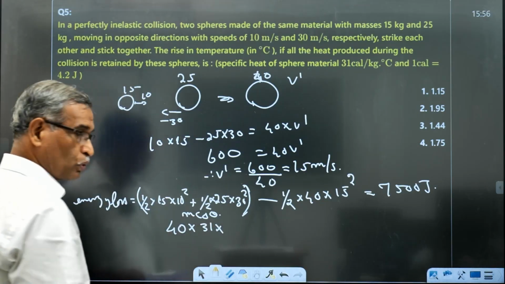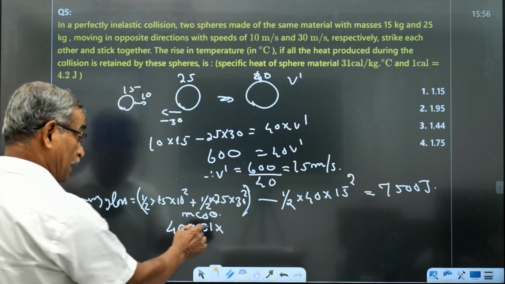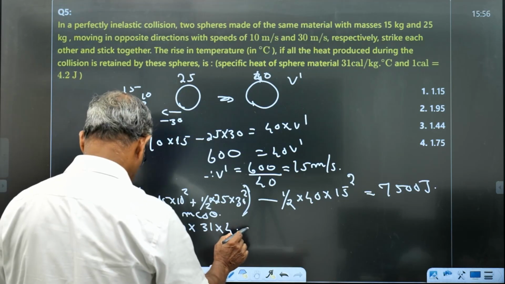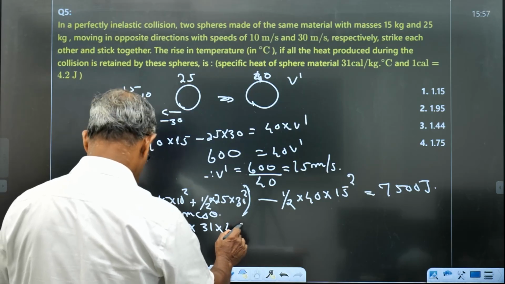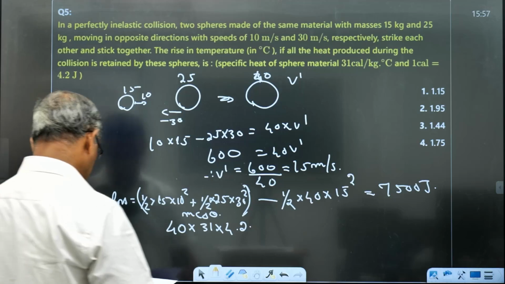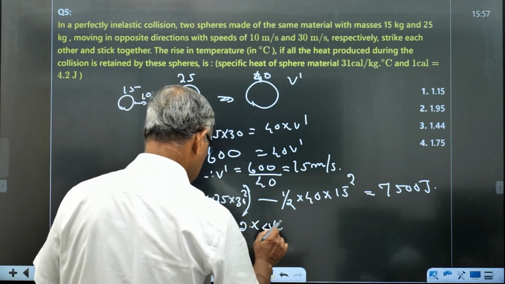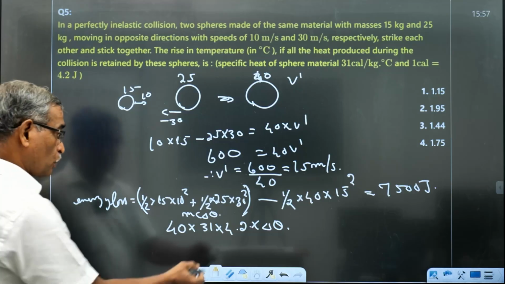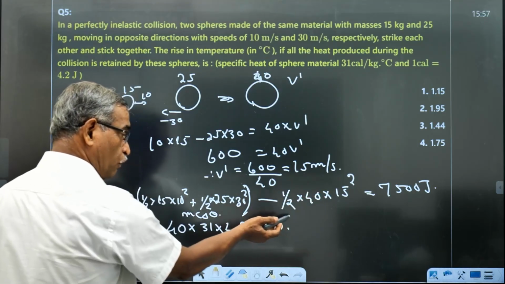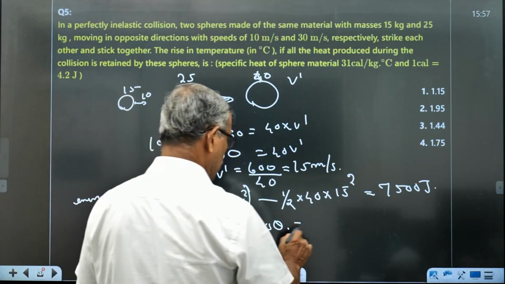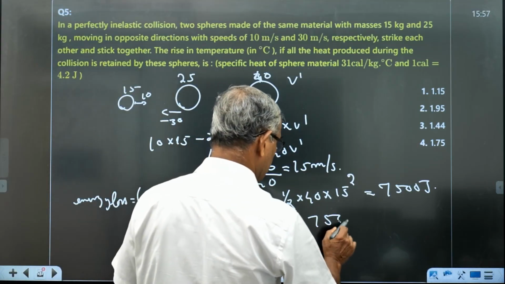Joule per kilogram, we are required into 4.2. So 31 into 4.2 into the rise in temperature. The heat energy required for a rise in temperature delta theta, given by M C delta theta, is equal to the energy lost during this collision.